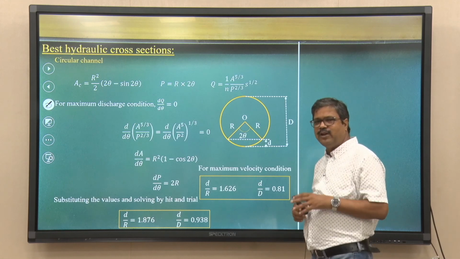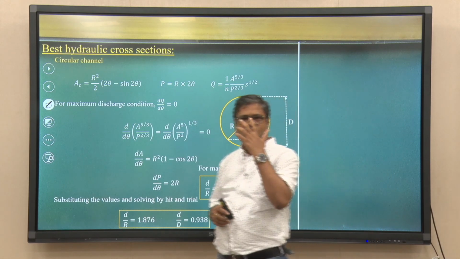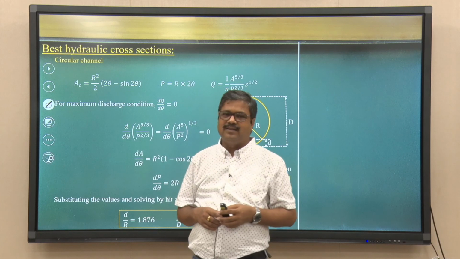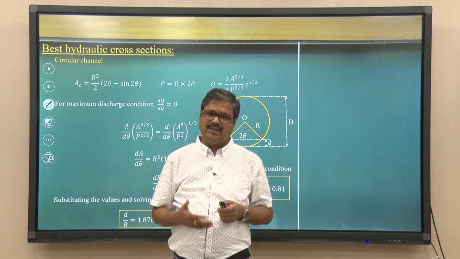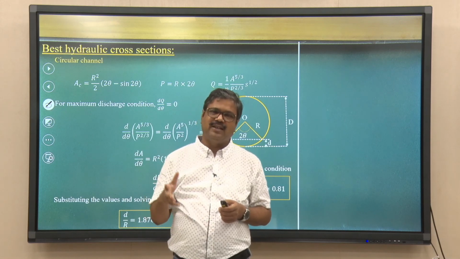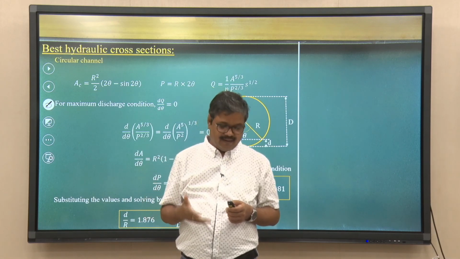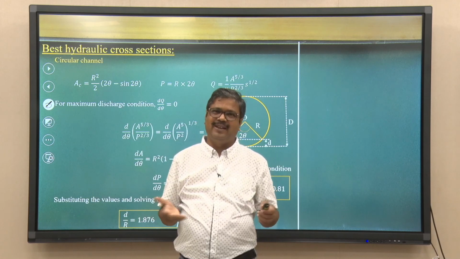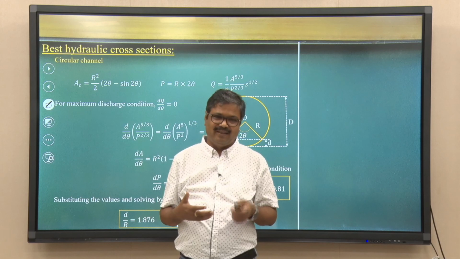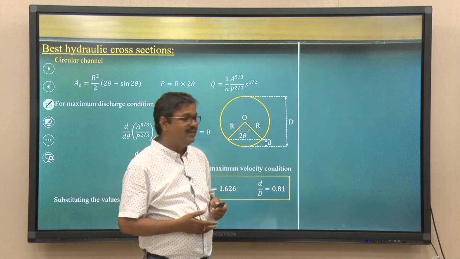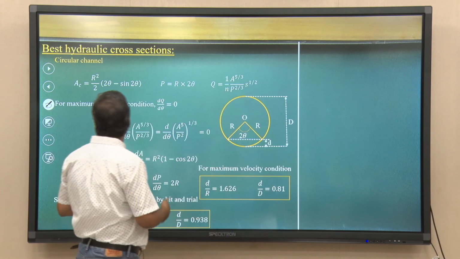In the same way, I am not going into details. You can go for circular channels. You can look at how to do this. These are simple things, considering 2 theta, and geometrically computing the area and the perimeter, then you make dq by d theta equal to 0. Okay.